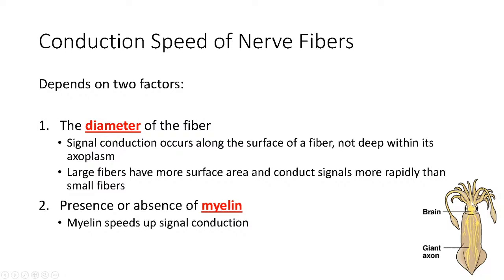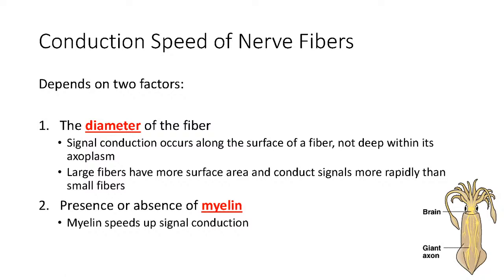They're very wide, they have a large diameter. The reason for that is that when the squid senses danger, it needs to escape. It does that by contracting its entire body and then propelling itself away. In order to pull this off quickly and escape the predator, it needs to send this information very quickly from one end of its body to the other, and it's able to do that because it has axons with a large diameter.